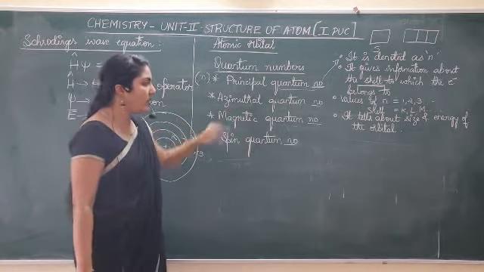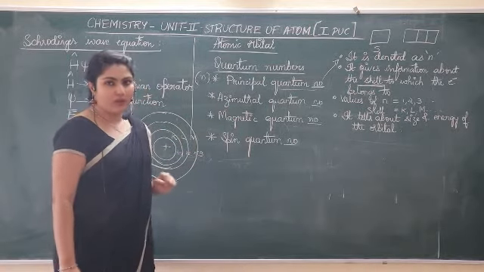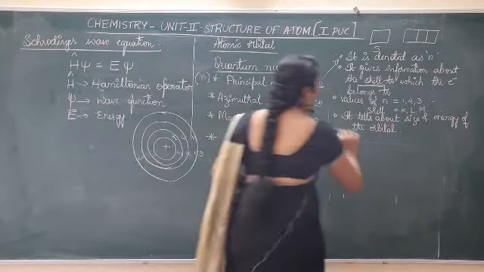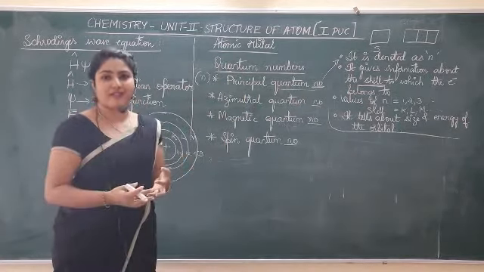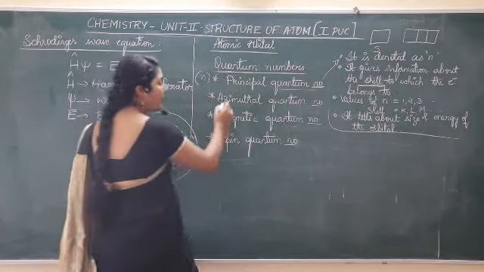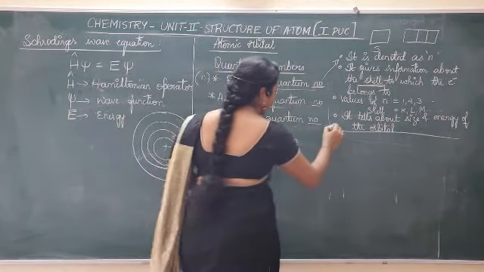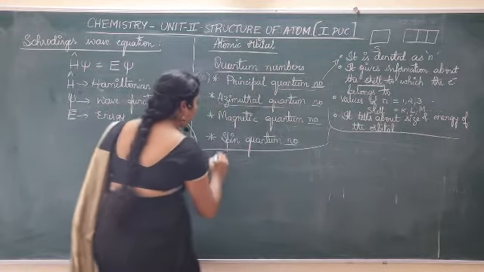Now let us move on to the next one, that is azimuthal quantum number. A very, very nice one. It's interesting if you understand, because in this we have many concepts under this. Azimuthal quantum number, I'll write it here.